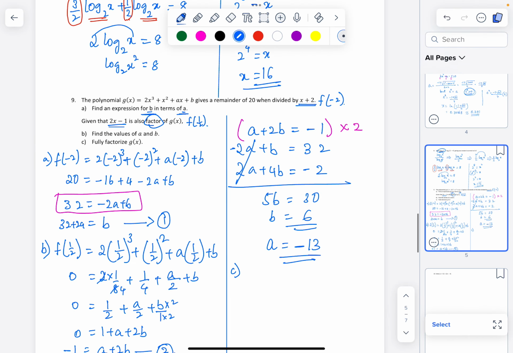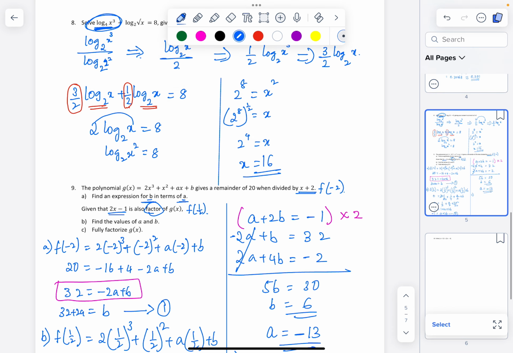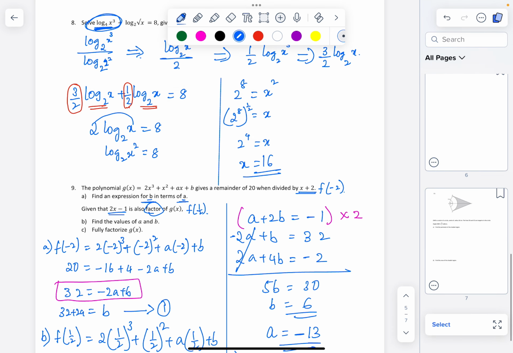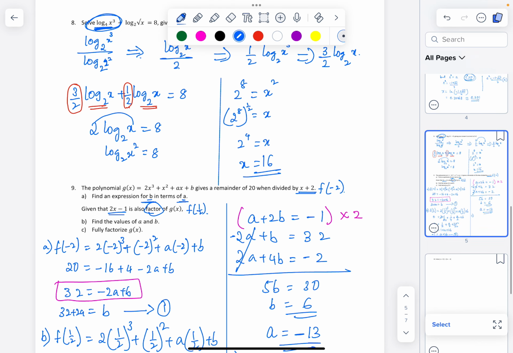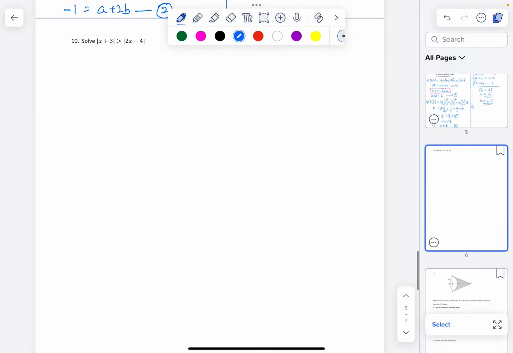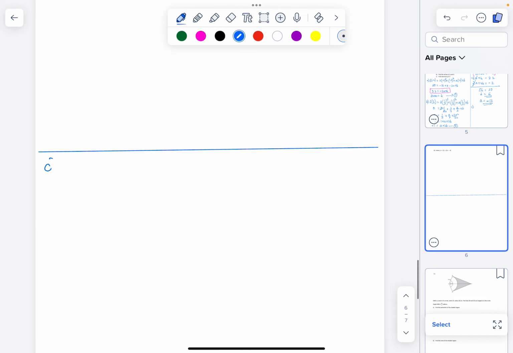With question number 10 we don't need much space.